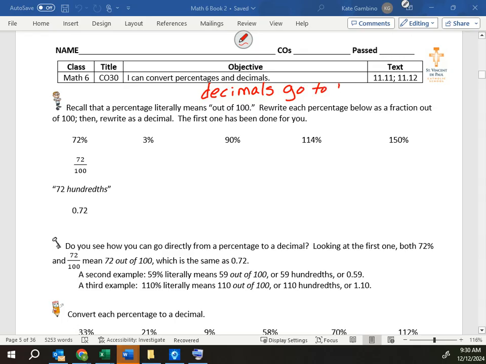Decimals go to the 100th place. So you could even write it out. You could have ones, decimal, tenths, and then hundredths.